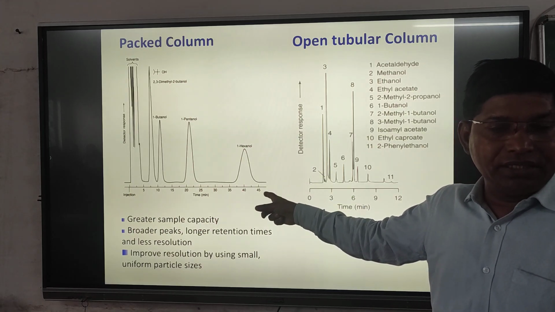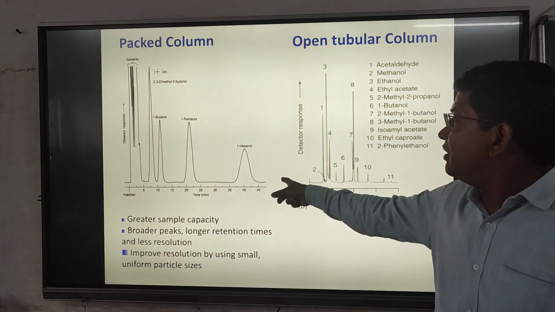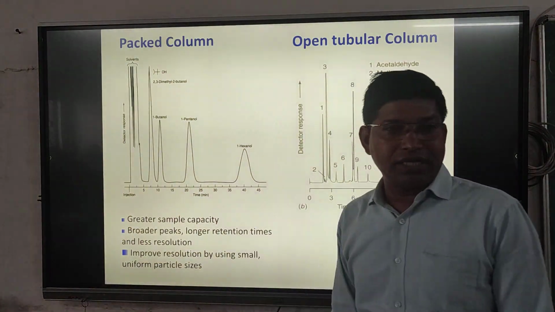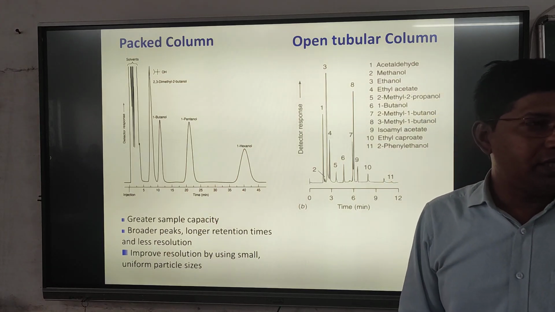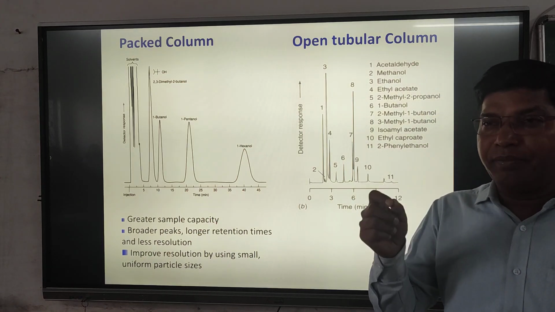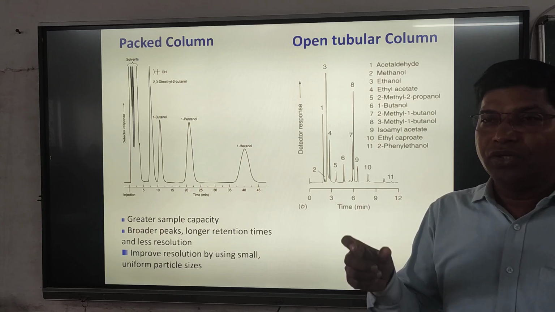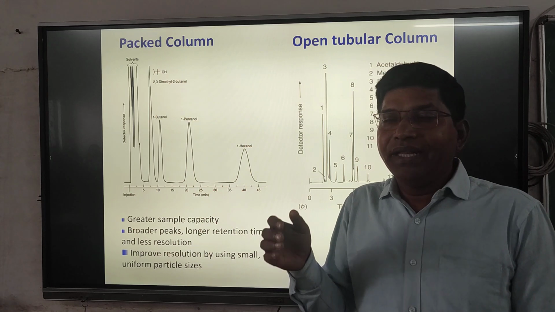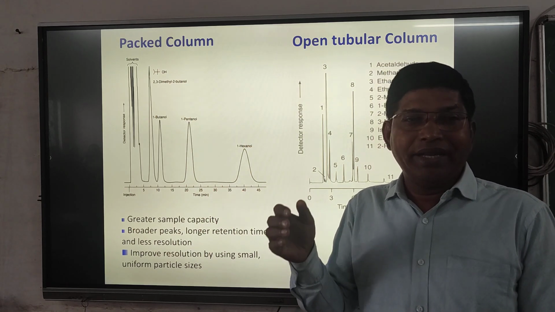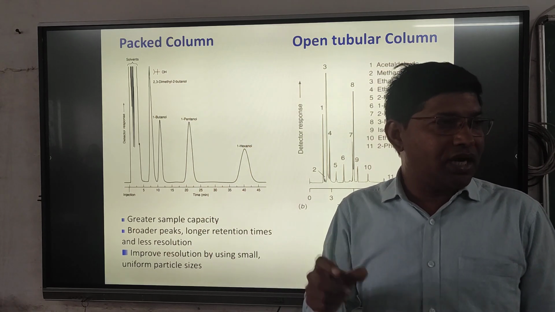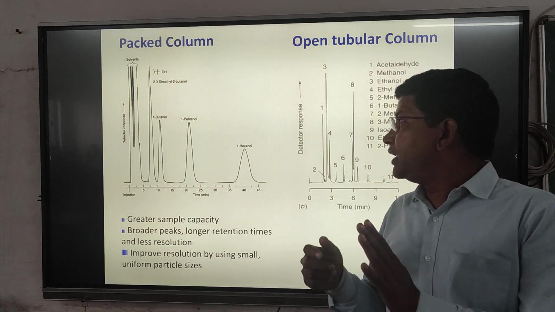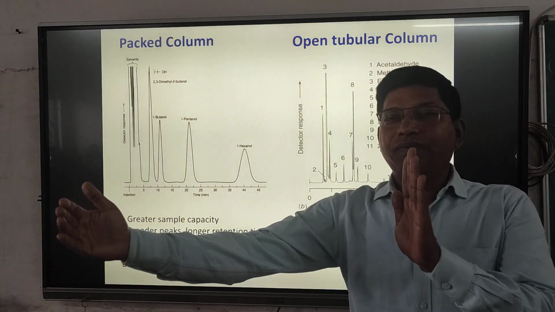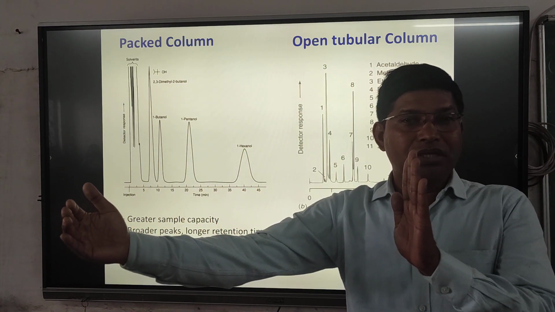Another disadvantage of this packed column chromatography is it requires more retention time. So what is the retention time? It is the time taken by the compound to be retained inside the column. How much time does that compound stay in the column? That is called the retention time. Generally the retention time is the time of injection to the time of elution from the column.